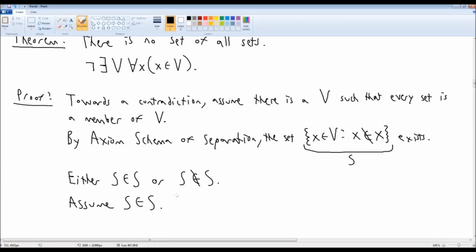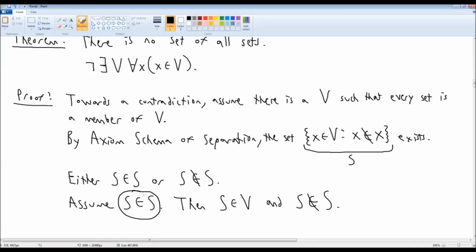Assume S is a member of itself. Well, since we defined S to be the set of things in V which are not members of themselves, what does that tell us? That tells us two things. That tells us that S has to be a member of V, and S is not an element of S. So this doesn't make sense, right?